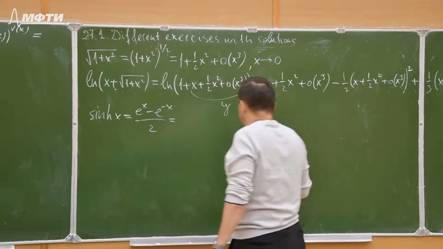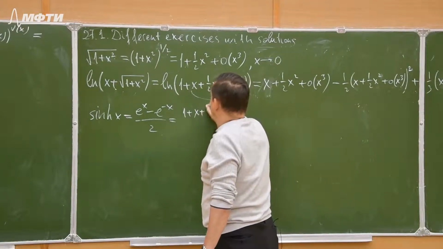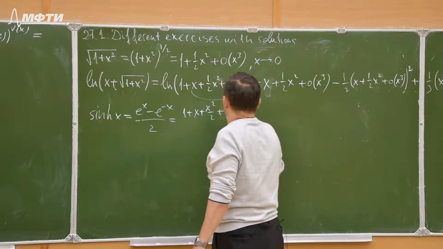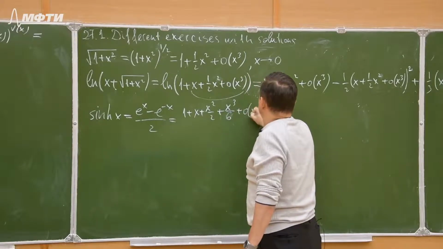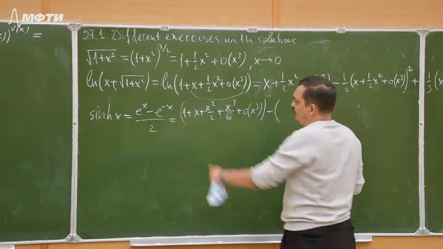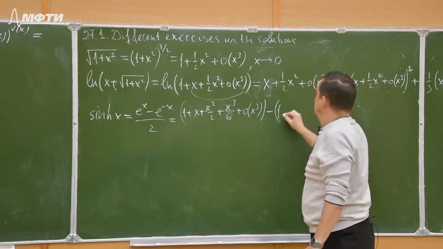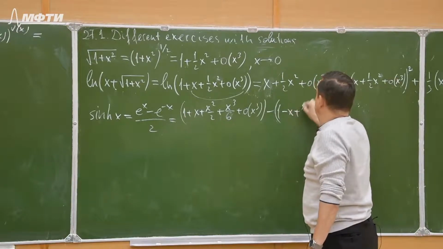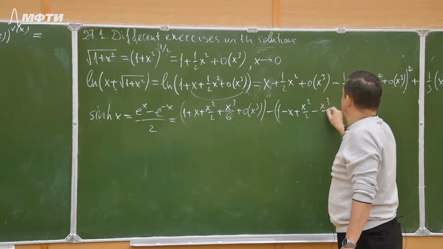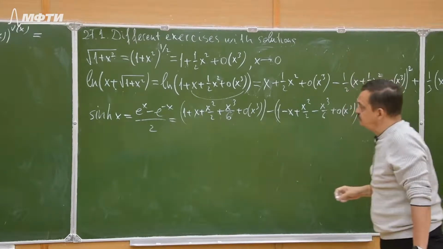If we substitute 1 plus x plus x squared over 2 plus x cubed over 6 plus little o of x cubed, minus, now substituting minus x instead of x, 1 minus x plus x squared over 2 minus x cubed over 6 plus little o of x cubed, over 2.